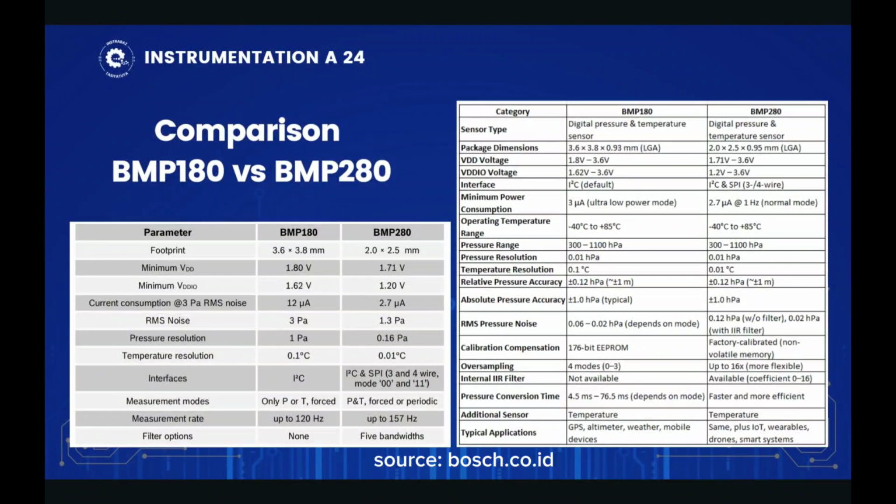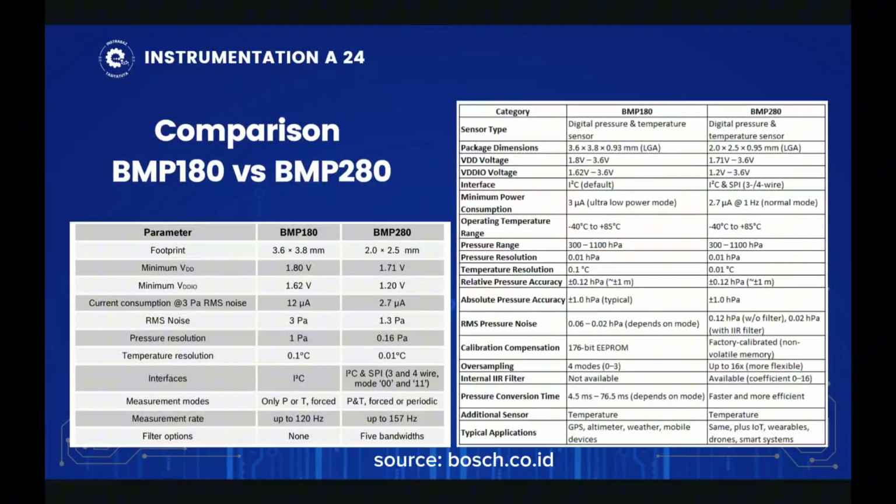It also offers better resolution and accuracy for both pressure and temperature measurements. Unlike the BMP180, the BMP280 supports both I2C and SPI interfaces, has built-in filtering options, and allows flexible oversampling up to 16 times.